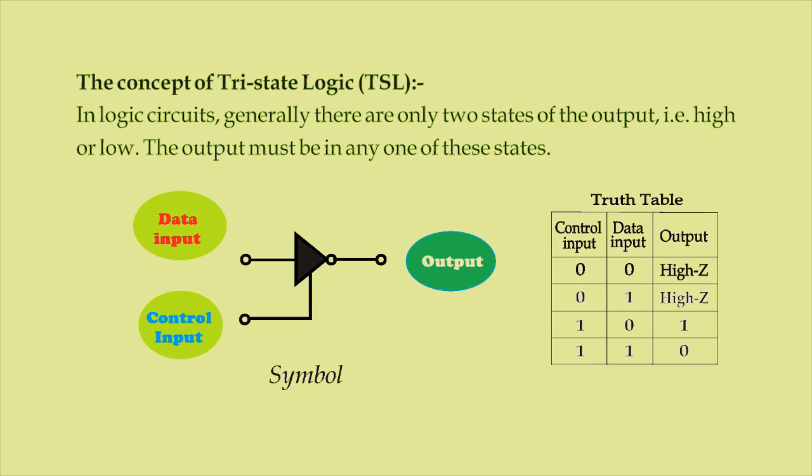And if the question is to explain the tri-state inverter gate, then we have to explain the NOT gate along with the diagram. A neat and clean diagram should be there, and you have to explain it with the truth table. So there are two types of questions asked on TSL, which will carry either 4 marks or 3 marks depending on the complexity of the question. So this was all about the concept of tri-state logic.